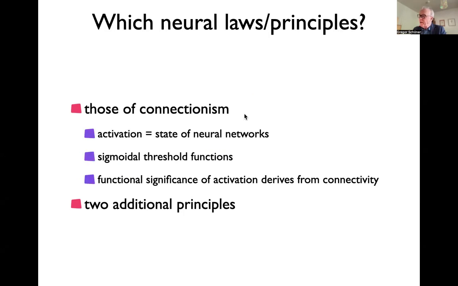And there, I'll broadly characterize that, and that's where I'll review two aspects that are important. So on the one hand, DFT is actually a special case of connectionism. So we're certainly sharing with connectionism the three fundamental assumptions I've pointed out, and that activation is the relevant state variable. So it's an activation state of neural networks.